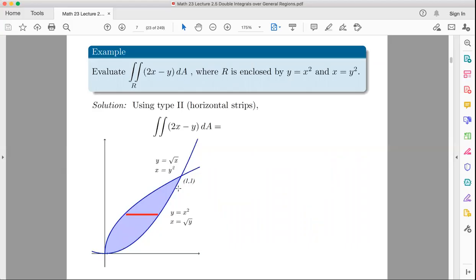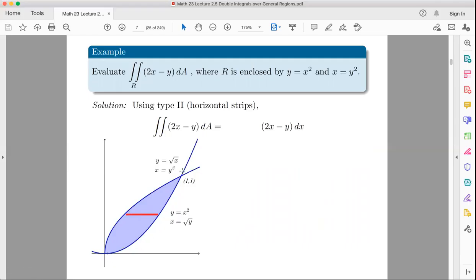So if we are using horizontal strips, then we need to determine the lower limit and the upper limit of the inner integral, and that will be with respect to x. So we must have a lower limit, x equals something. In that case, it's automatically x equals y squared.